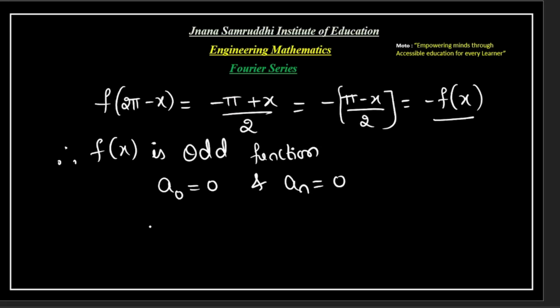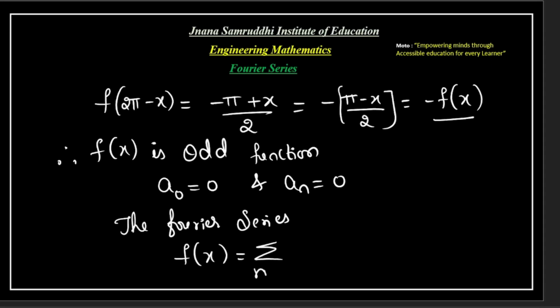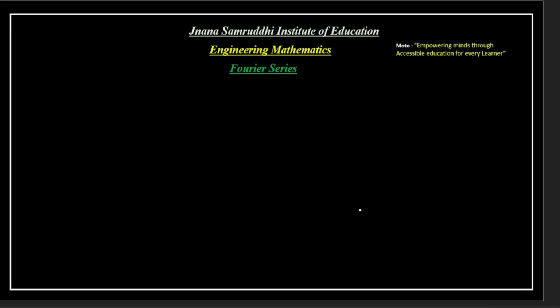If a0 and an become 0, the Fourier series will be f of x equals summation n equals 1 to infinity bn sin nx. Only the bn term will exist. Now we need to solve for bn.